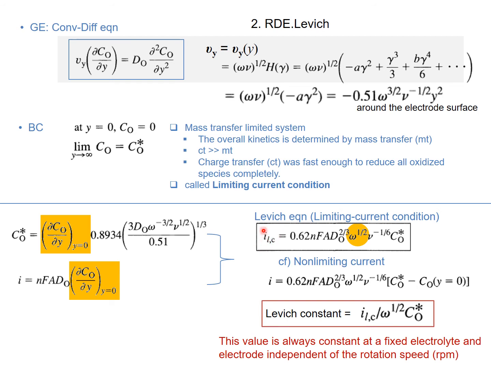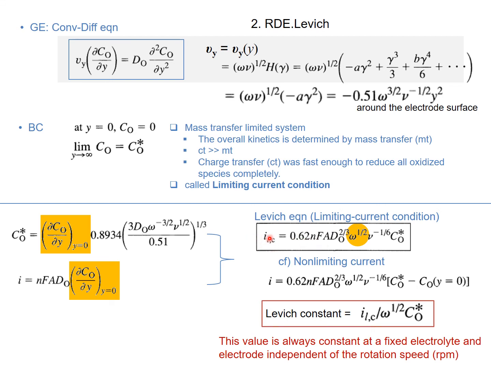Current at limiting condition for the cathodic current, sometimes anodic current. So the limiting current is described by some parameters. This equation is very well known and famous, and is called the Levich equation. The Levich equation describes the limiting current, not just current. Let me check the terms in the Levich equation.